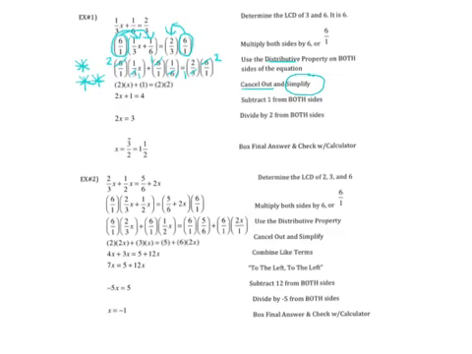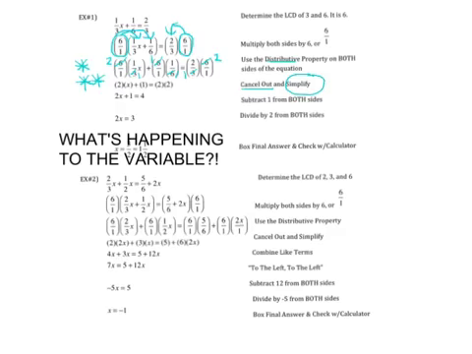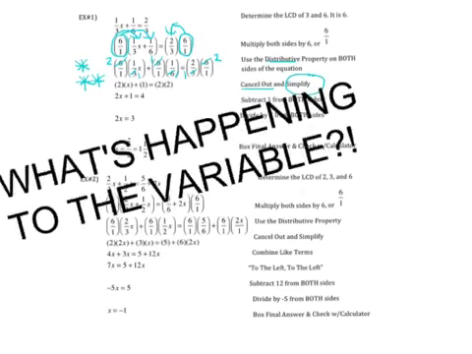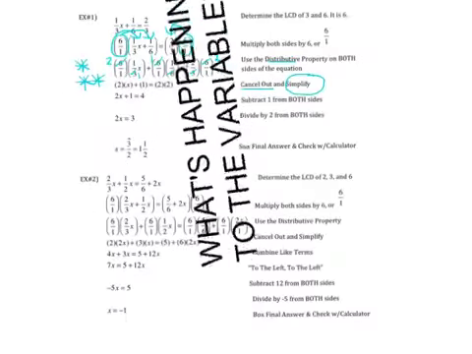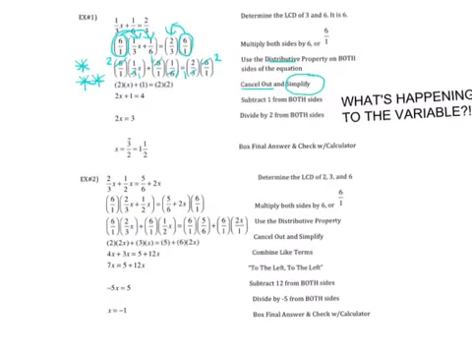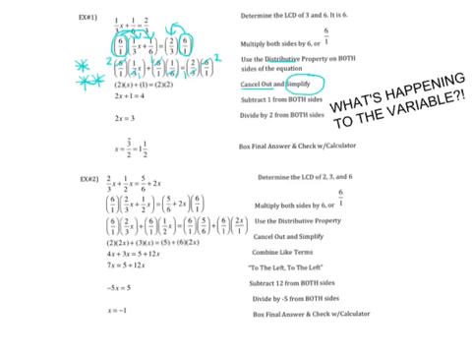So in this case, you want to determine what's happening to the variable over here, and you want to apply reverse PEMDAS in order to isolate what? Yes, one positive variable.